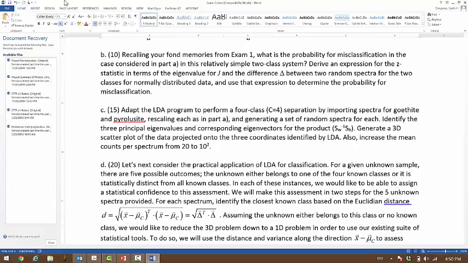In C, we have to change just 20 for 100. Yeah, you'll increase the number of counts to 100. But before generating the 100 spectra, this is the mean counts per spectrum, so you need to rescale that first.